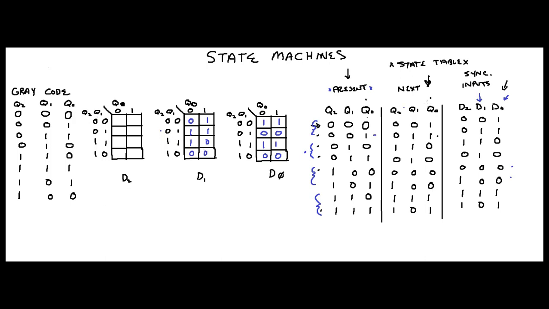And finally, we do D2, which is this one right here. 0, 0. 1, 0. 1, 1. 0, 1.